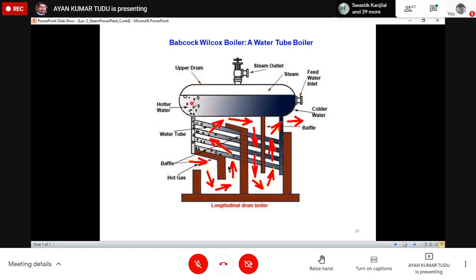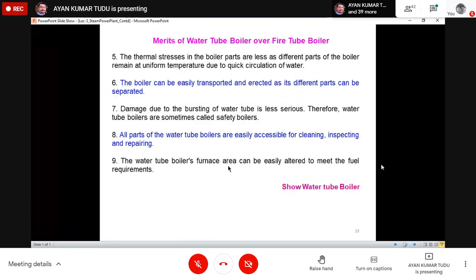Sixth, this boiler can be easily erected and transported in different parts, as different parts can be separated very easily. So the boiler can be easily transported and erected.